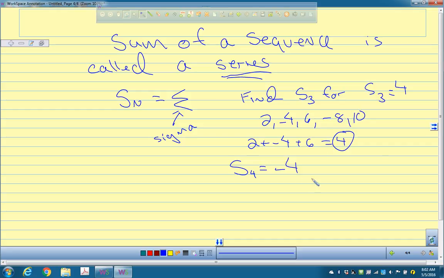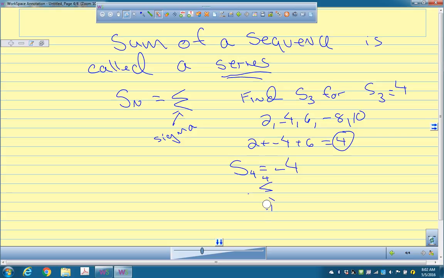Okay? And another way to write this is the fancy math way. You write this as the sum from k equals 1 to 4 of, never mind. I'm not going to talk about that yet. We'll talk about it in a second. But the sum of the first 4 terms is written like that.